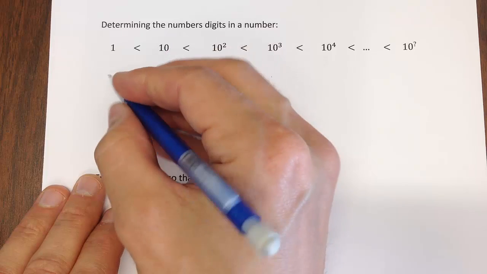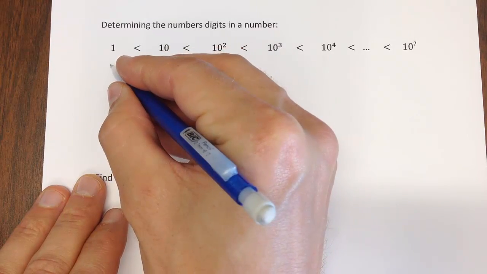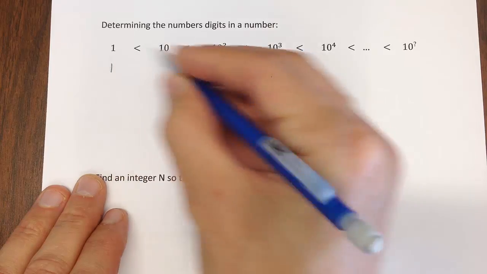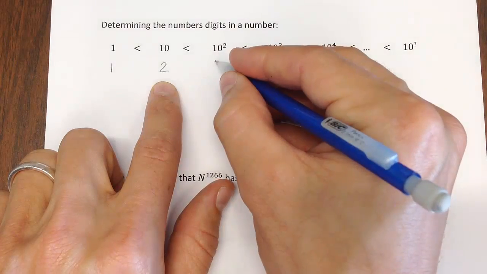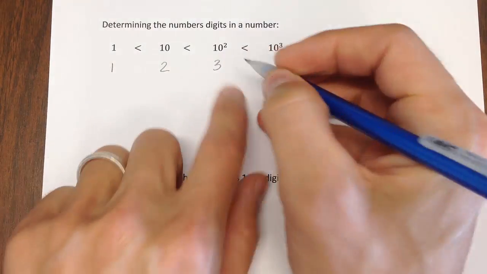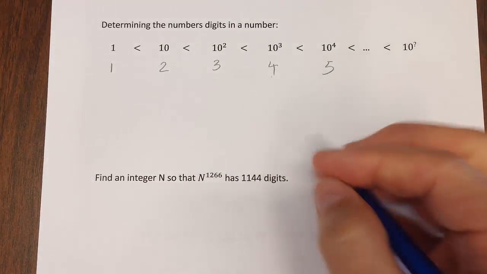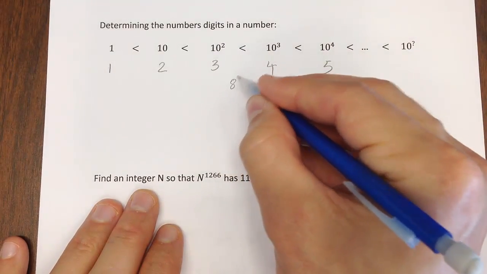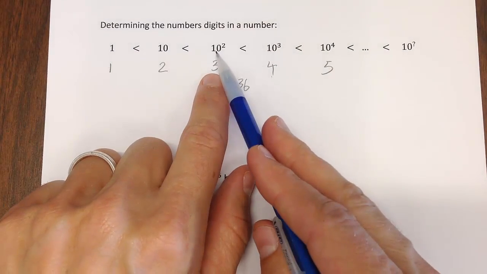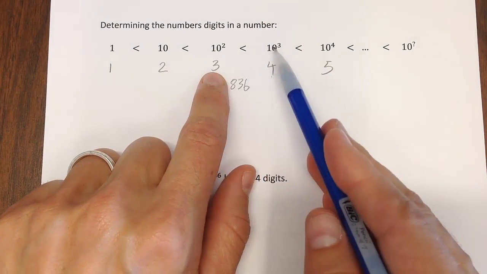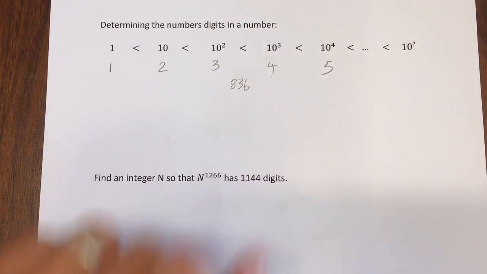Because 1 is the smallest positive integer that has one digit, 10 is the smallest integer that has two digits, 10 squared is the smallest integer that has 3 digits, 4 digits, 5 digits, right? So if you run into a number like 836, because it falls between 10 squared and 10 to the third, you know that it has 3 digits, right?